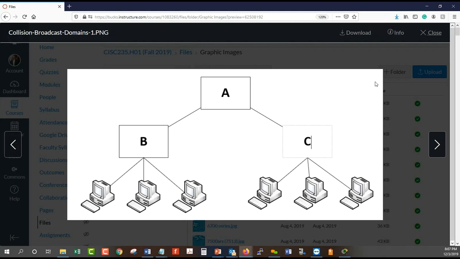B is our switch, so I have 1, 2, 3, 4 collision domains. And then on the right side, C being a hub, that's 1 big collision domain. So there are 5 collision domains. All right. Looks like you all got this one.